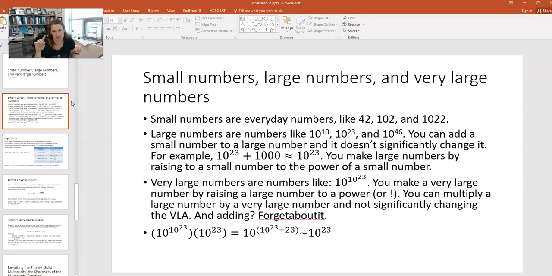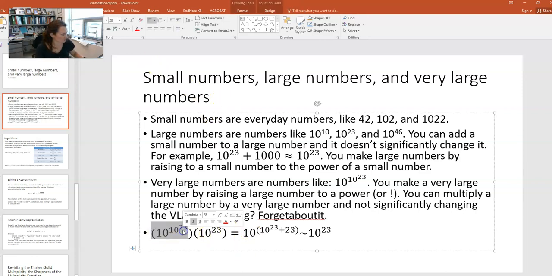So it would be 10 to the power of 10 to the 23rd plus 23. Adding 23 to 10 to the 23rd doesn't change anything. So you've still pretty much got, excuse me, this is a typo, 10 to the 10 to the 23rd. It doesn't really change it.